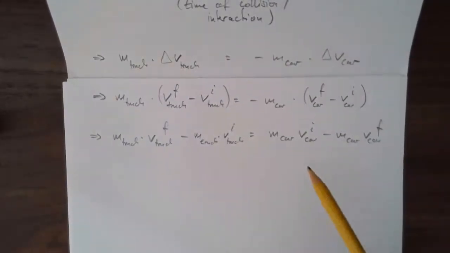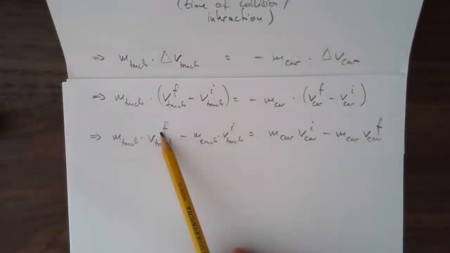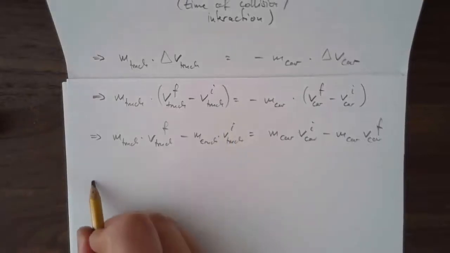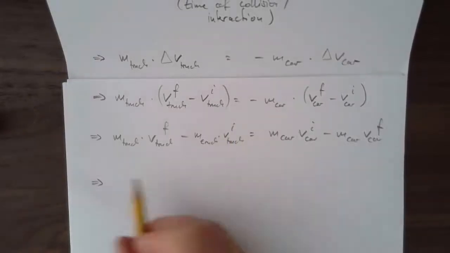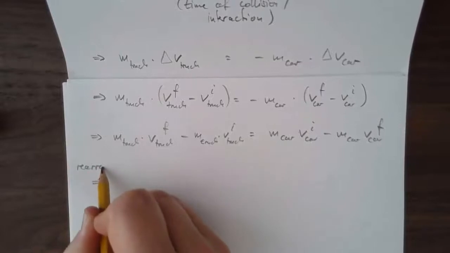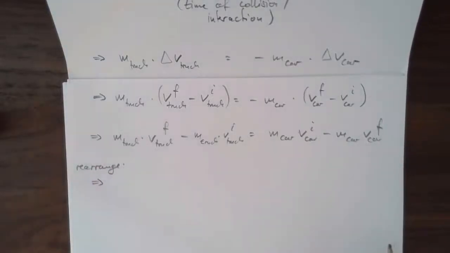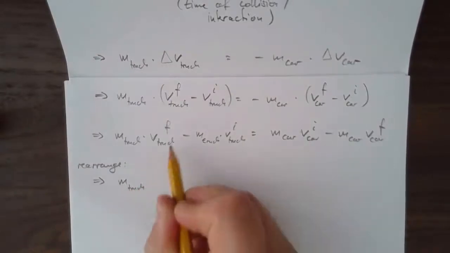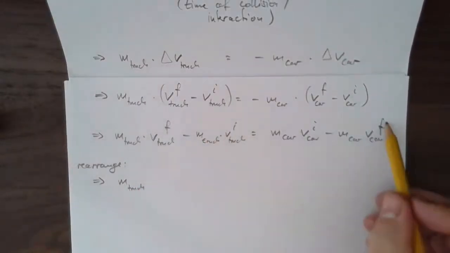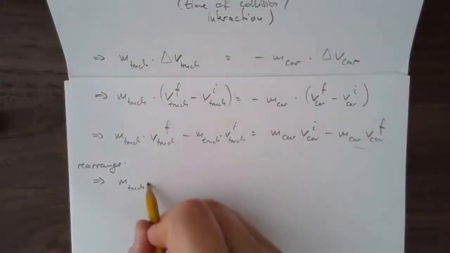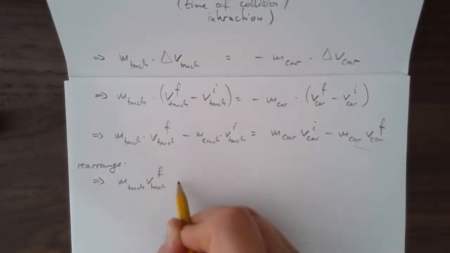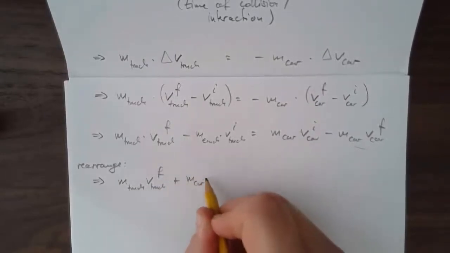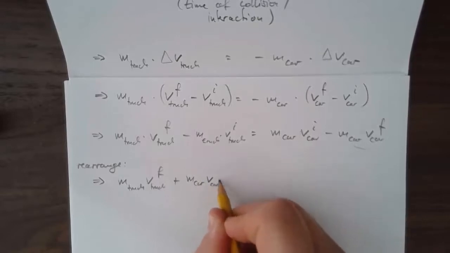Now let's rearrange this. I want to bring all the final quantities to the left and all the initial quantities to the right. So I'm just going to rearrange and write this down. I want to get m, the mass of the truck. Now this one I'm going to take to the right. This one I want to bring to the left, so I'm going to add it because it's minus; the other side becomes plus. m car v car final.